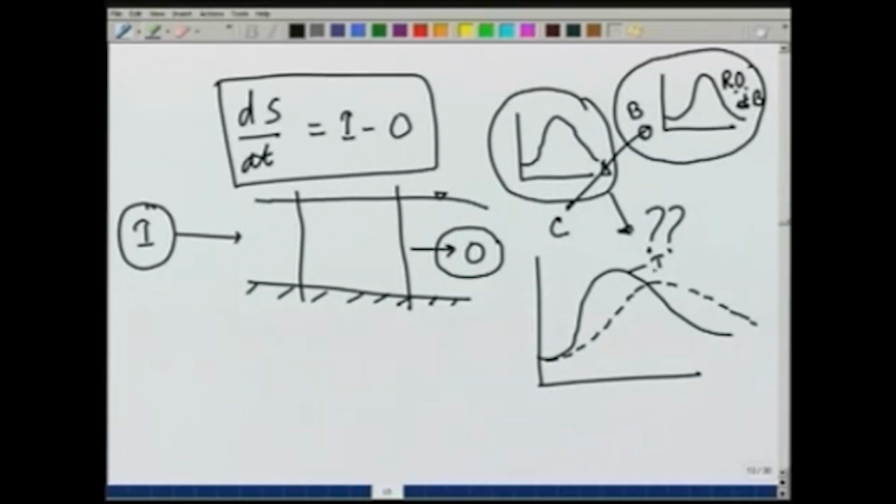Here we are indicating O for outflow, I for inflow. Inflow will have some peak and the outflow will generally have a smaller peak, OP.